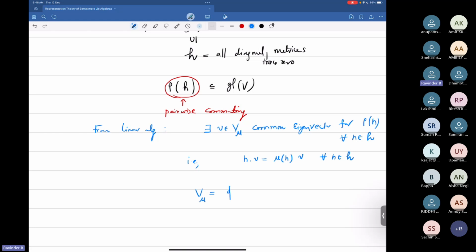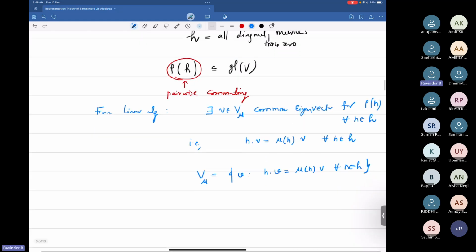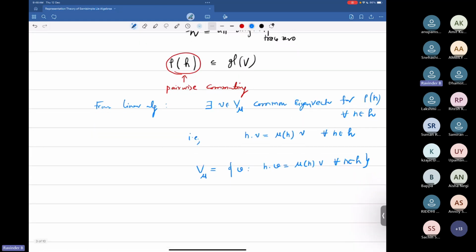You are collecting all the vectors which are eigenvectors of weight mu. v is an eigenvector, but corresponding to an eigenvalue mu(h). So each diagonal matrix gives an eigenvalue mu(h), right? So you want to collect it.